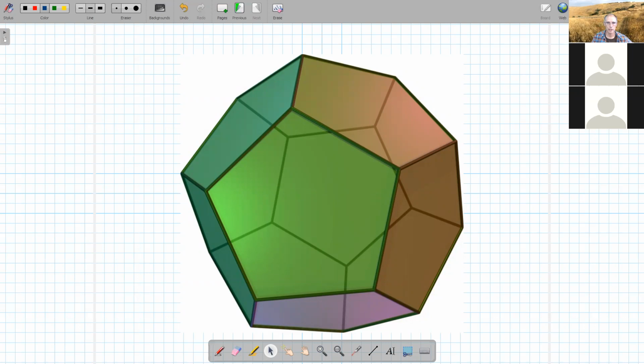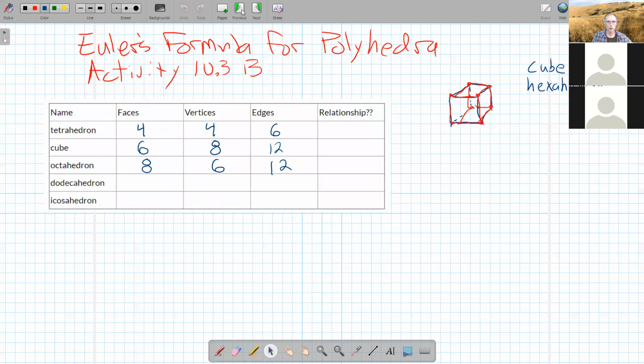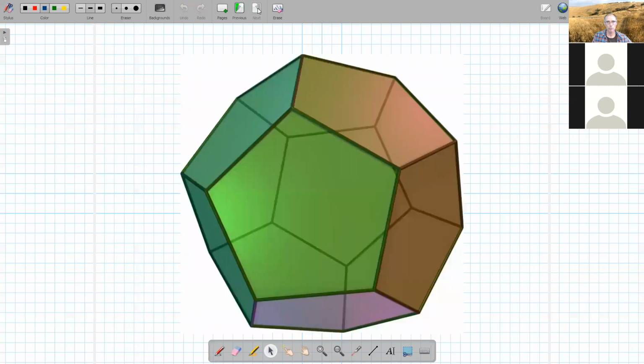So let's see. In the table, what does it call for next? I think it called for vertices next. Okay, so vertices are all the points, right? And sketching this by hand is rather difficult. So I have 1, 2, 3, 4, 5. And then if we go around its midsection, 6, 7, 8, 9, 10, 11.